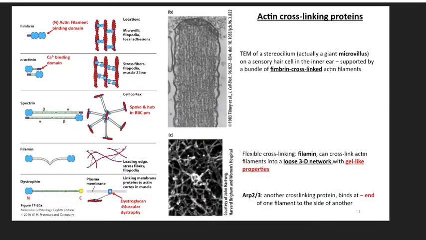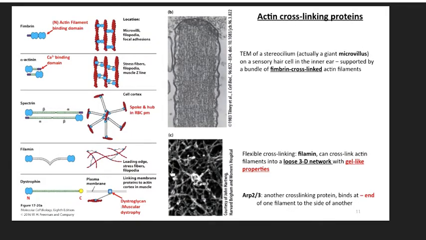In this one, several things are important in terms of information. For example, fimbrin is present in microvilli, filopodia, and focal adhesions. Alpha-actinin is present in stress fibers, filopodia, and the muscle Z-line. In the cell cortex, we have spectrin, which forms a spoke and hub-like structure in the RBC plasma membrane.